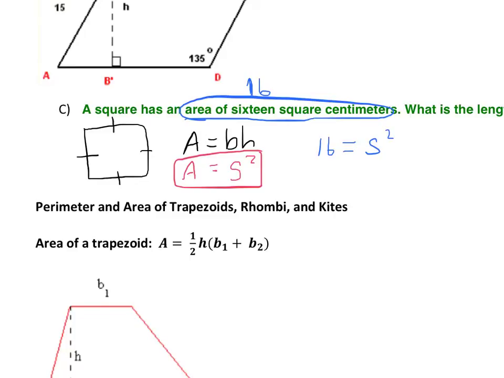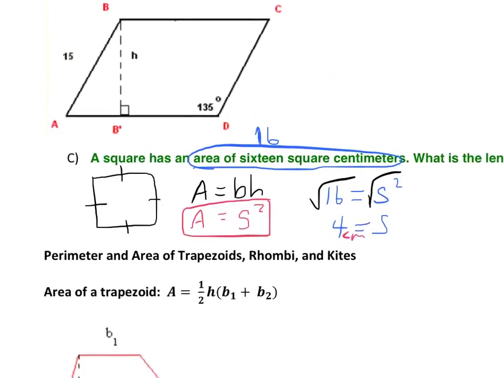So we would root both sides, and the side is equal to 4. Theoretically, it would be plus or minus 4, but because it is applied for distance, it cannot be negative. So 4 centimeters. Now we'll go back to our last one here.